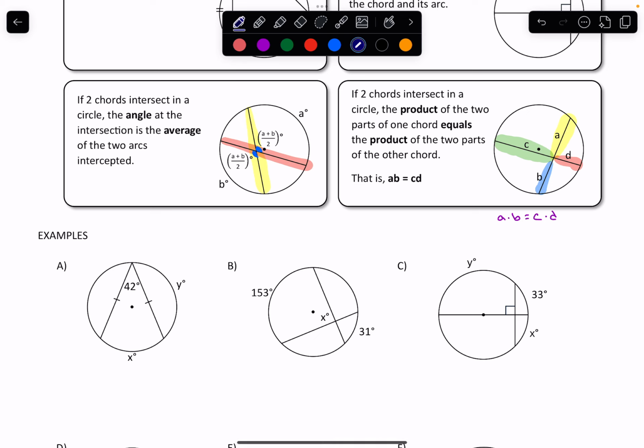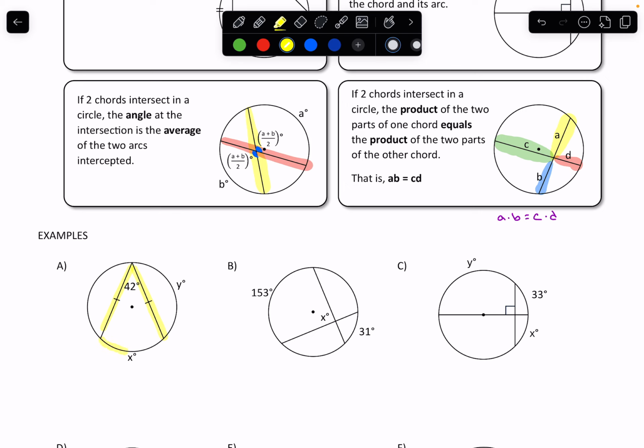So example A: it looks like I've got an inscribed angle. I've got two chords, and it tells me that they're the same length. So I've got this yellow chord right here that's the same length as this yellow chord. And it wants me to find x and y. First of all, I'm going to start with x.